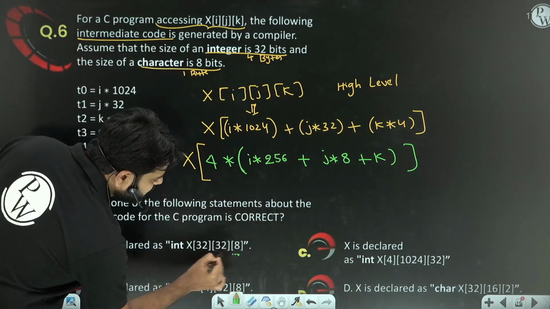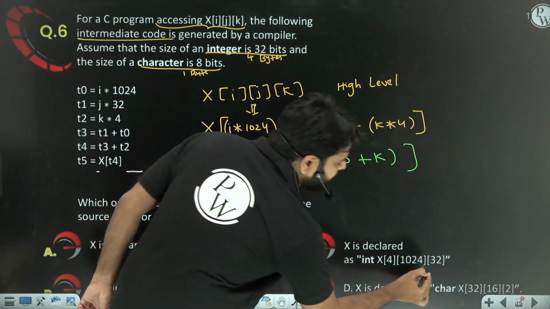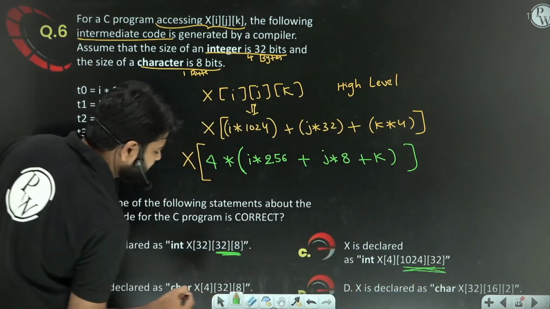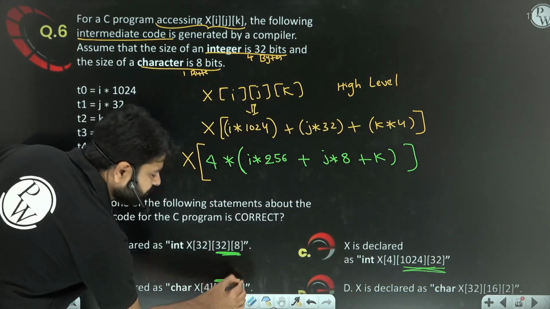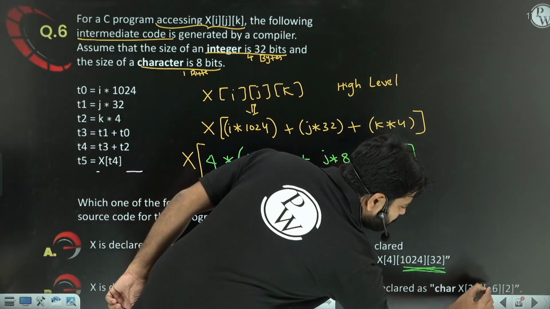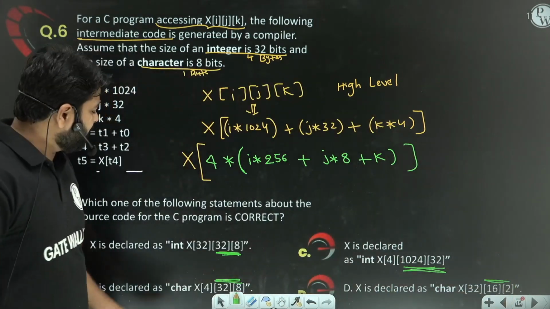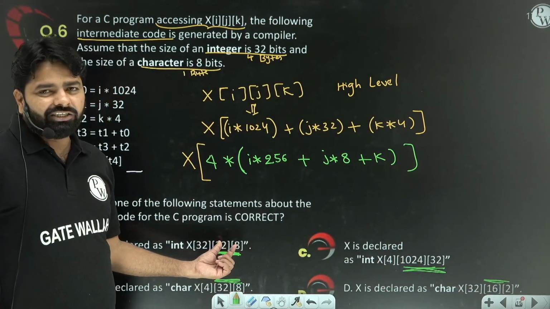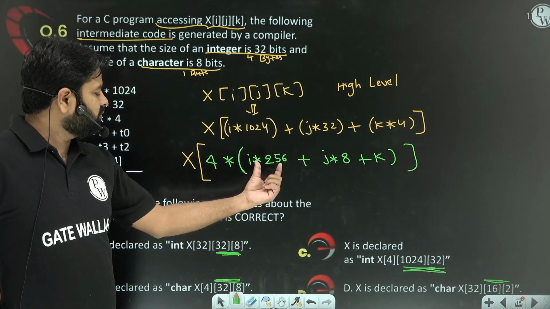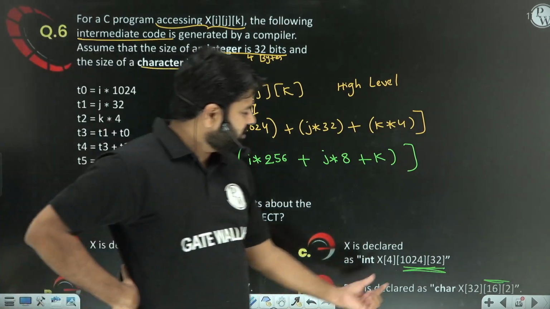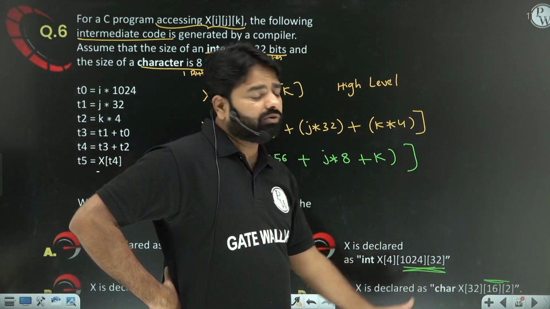If you look at this 2, this represents the size of 2D. Look at the last two; ignore the first one. If you look at the last 2, 32 multiply with 8 is exactly 256. And 1024 multiply with 32 is not 256.